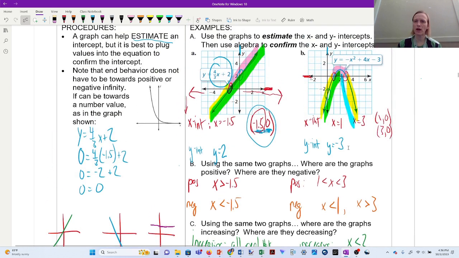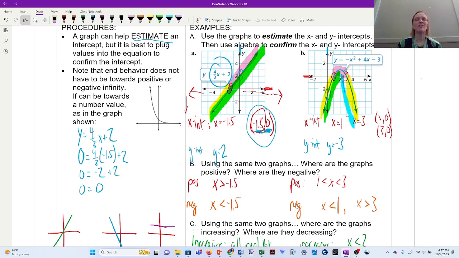So let's go up at the graph and see. As I move to the right forever, what happens to y? Y keeps on going down and down and down. So as x approaches positive infinity, y approaches negative infinity.